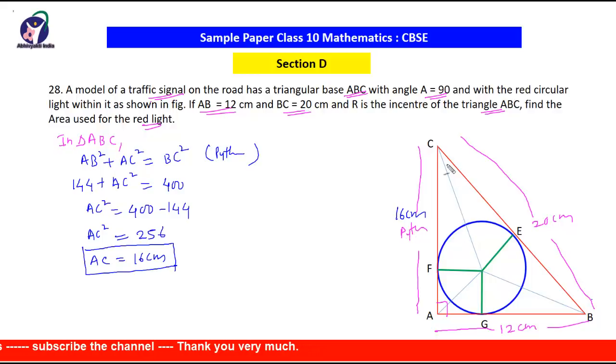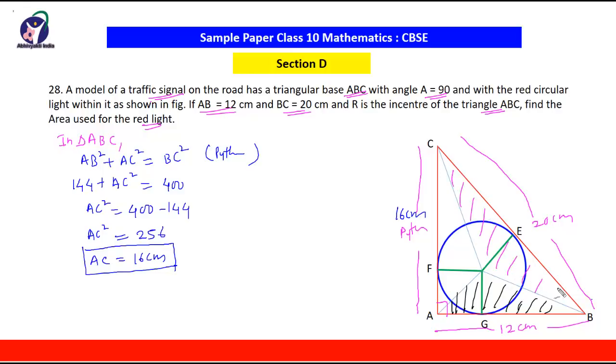Now here the area of this triangle ABC, this right angle triangle, we can write that area of this triangle plus area of this triangle plus area of this triangle.